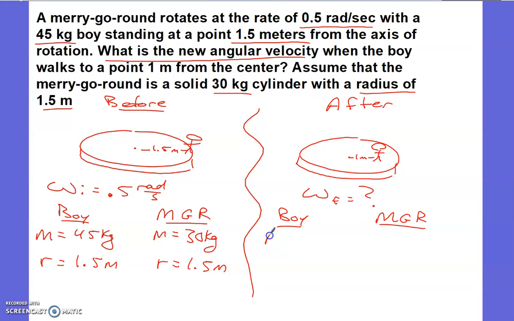Neither the mass of the boy nor the mass of the merry-go-round changes. The boy stays 45 kilograms, and the merry-go-round stays 30 kilograms. However, in the new situation, the boy has a radius of 1 meter based on the circle that he makes. But the merry-go-round doesn't change at all. It still has a radius of 1.5 meters.